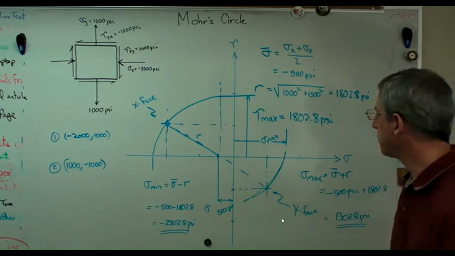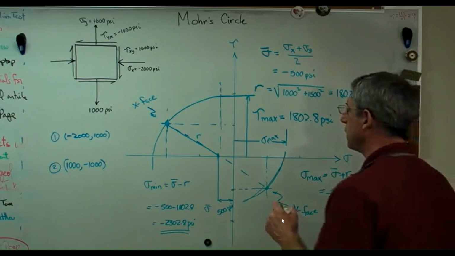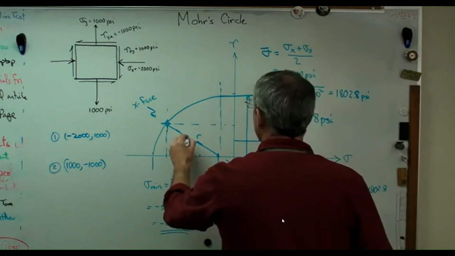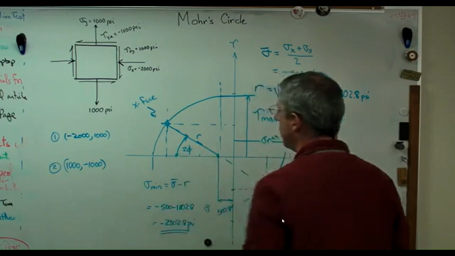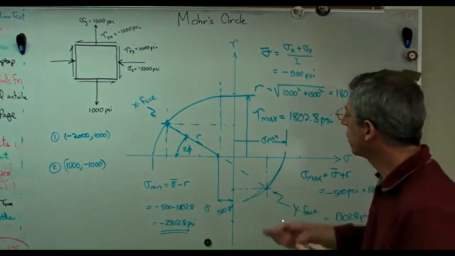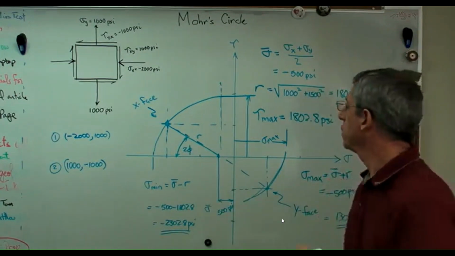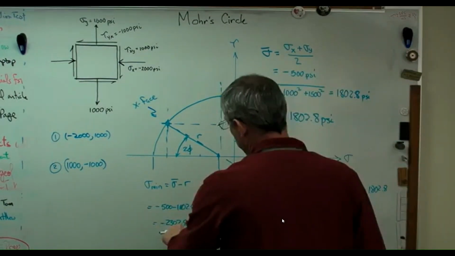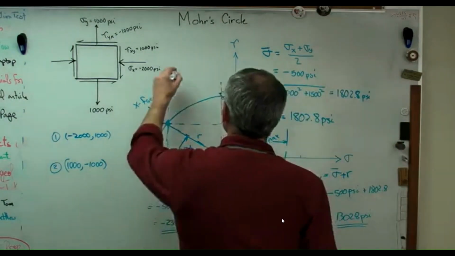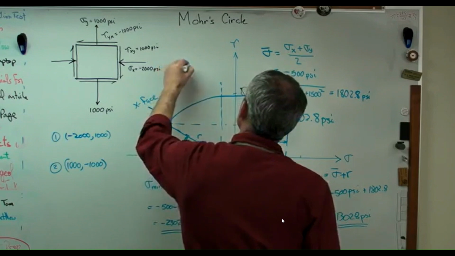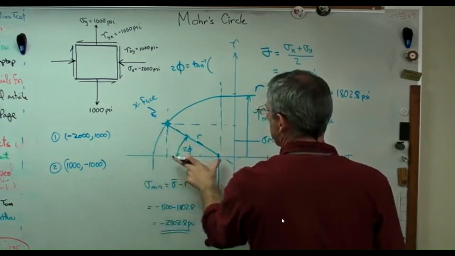The last thing to figure out is what direction does this occur in. If we look at that, that's going to be 2 phi. Right? This is twice the angle I'd have to rotate the stress element so that the x face would see that stress. And if you do the trigonometry, 2 phi is the inverse tangent of that divided by that.